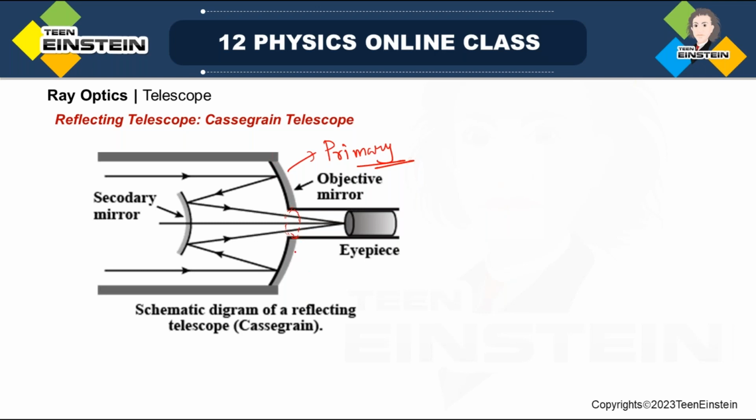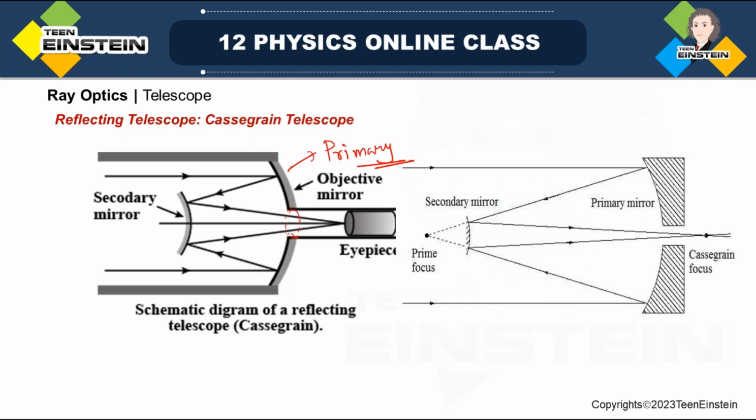Look, this is the primary objective mirror, which is being used in place of an objective lens. In this case, the parallel rays are coming. They are reflected by this mirror. So after reflection, what will they do?